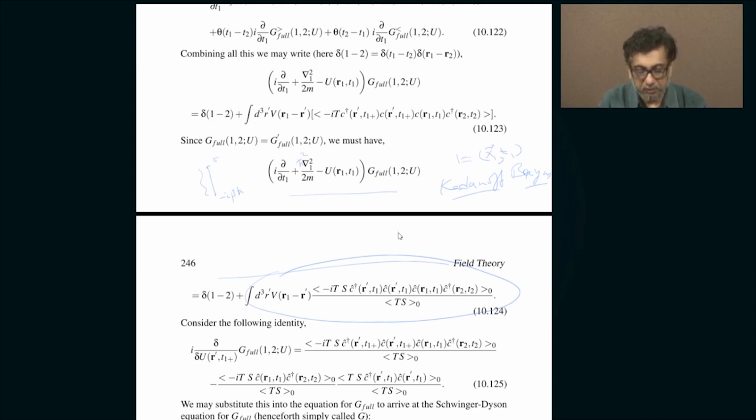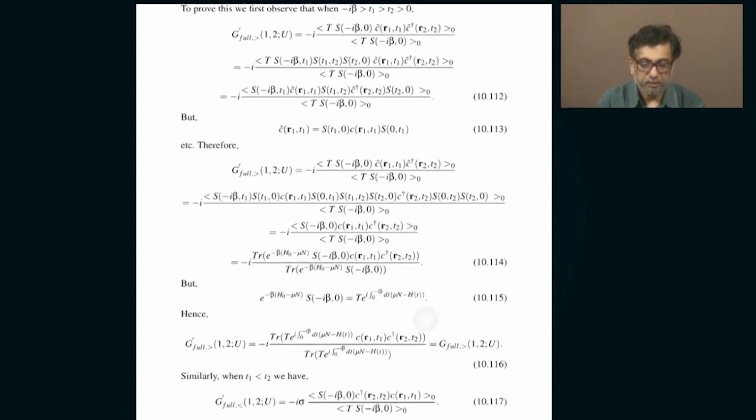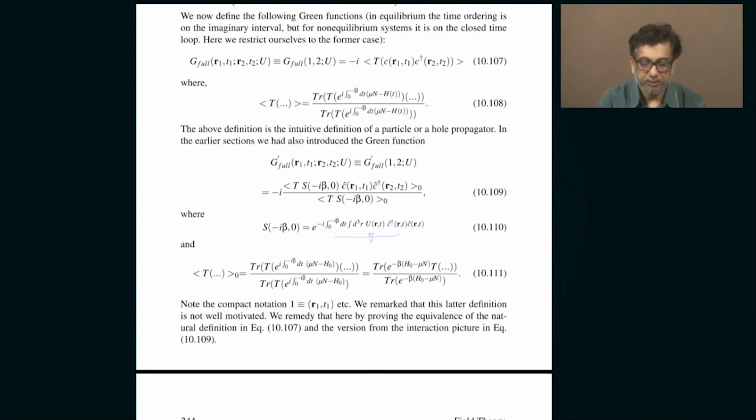What is this term that involves the interaction between particles? It involves 4 fermions. There are 2 creation and 2 annihilation operators, whereas this Green's function involves one creation and one annihilation, because that's how we defined it somewhere here. So it was defined like this. So it involves one creation and one annihilation. Okay. So these two are the same.